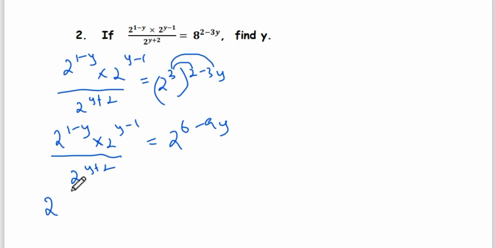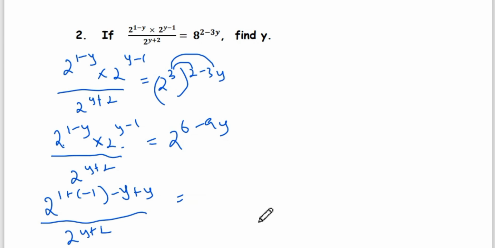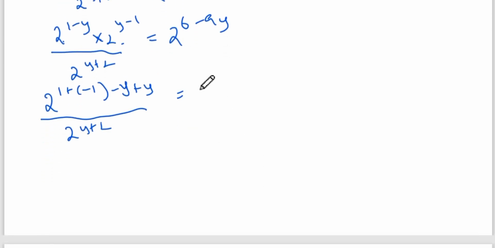So this becomes 2 raised power 1 plus minus 1 minus y plus y, divided by 2 raised power y plus 2, is equal to 2 raised power 6 minus 9y.